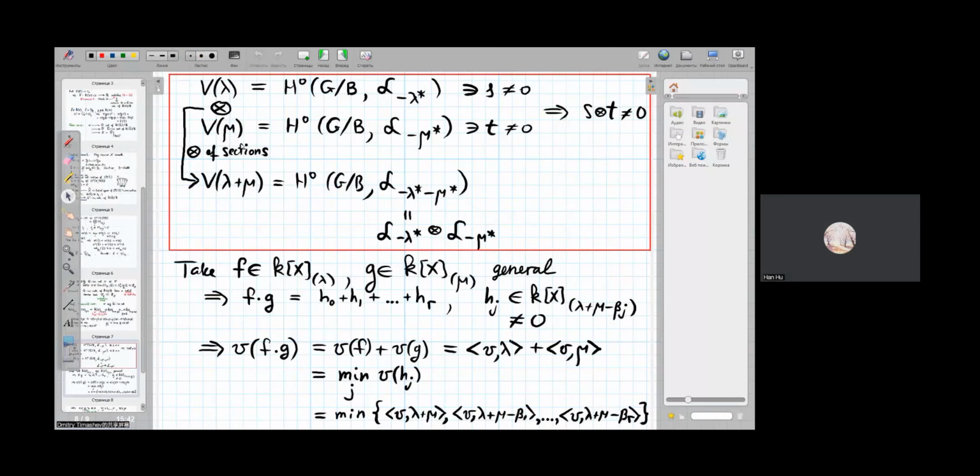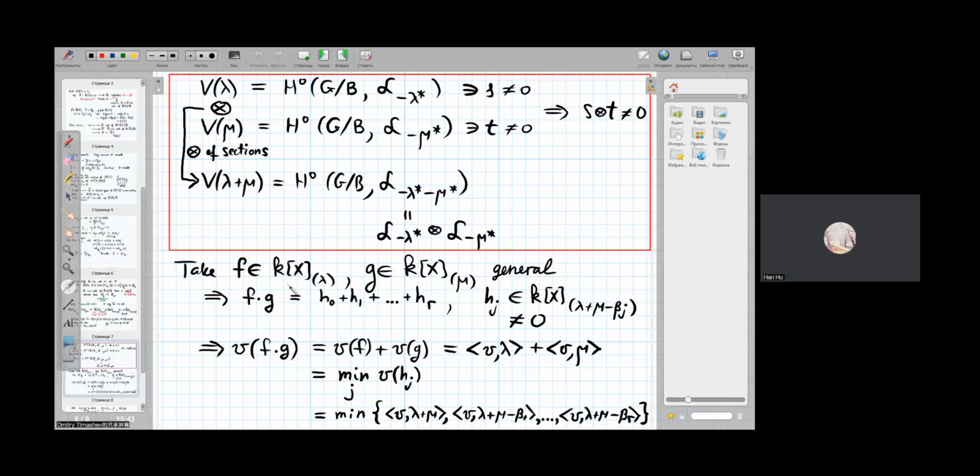So when you multiply some non-zero function from this space with a non-zero function from this space, I claim that this projection will be non-zero, because for some of these functions this projection will indeed be non-zero.